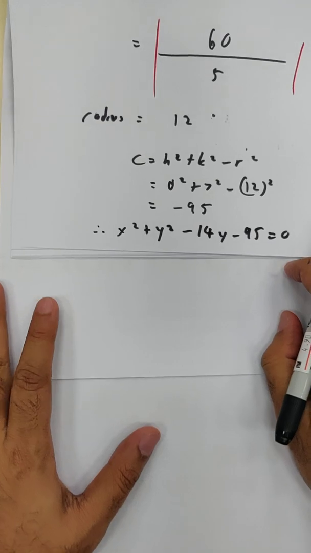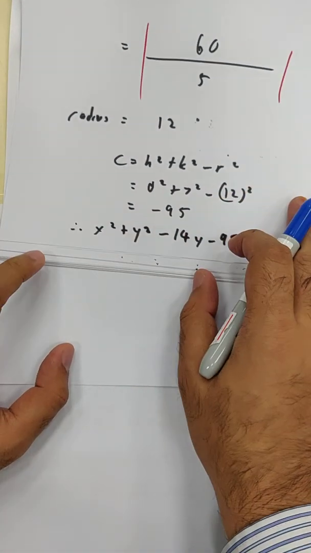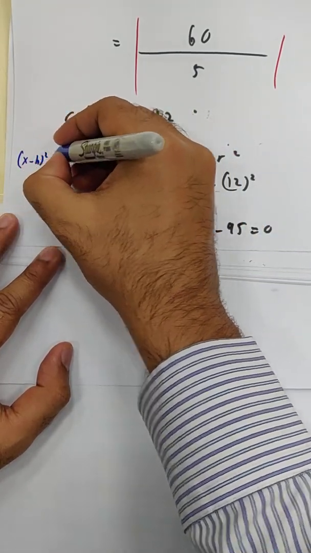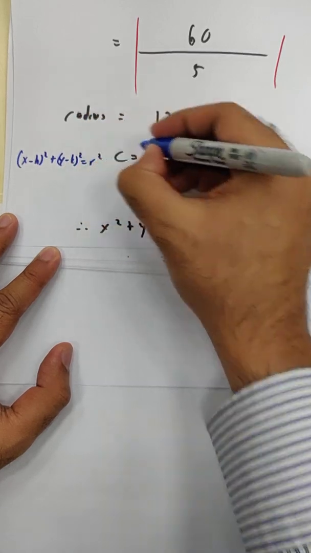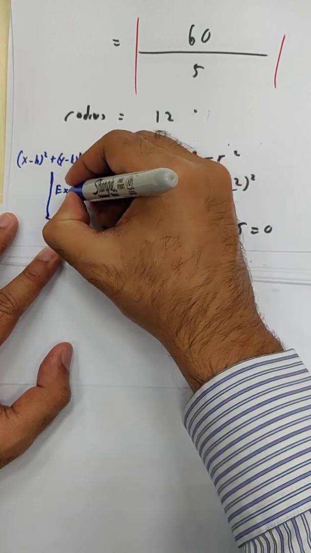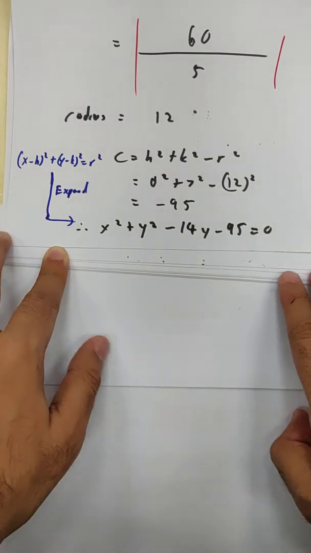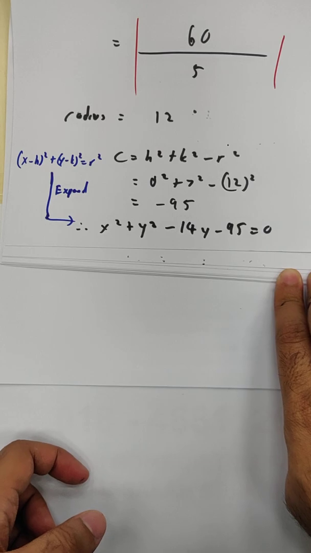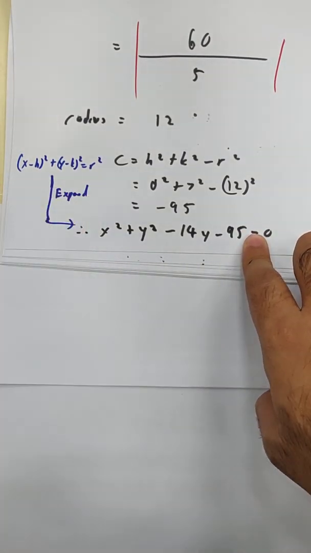Are you okay? Alternatively, you can also use (x - h) squared plus (y - k) squared equals r squared and then expand, which will give you the same answer as well. Which way is better? Well, it just depends on the mood, I guess. In general, don't forget to expand. That's all I can say.